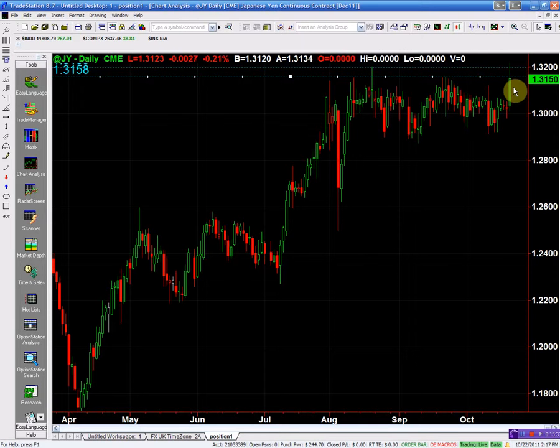We need additional confirmation because none of the breakouts that we had, either in the yen, nor in the Australian, nor in the euro, have actually given us a close that would substantiate that breakout. The only one that gave us some decent close was the British pound.